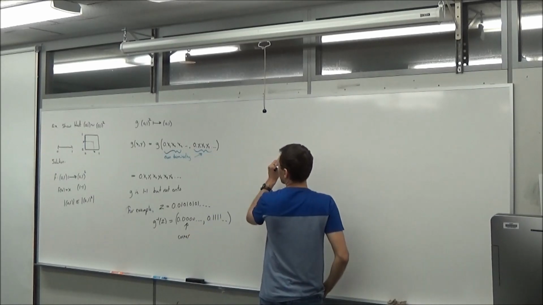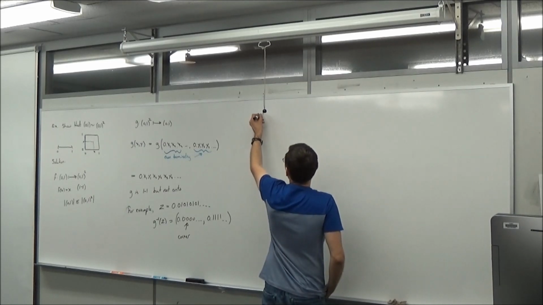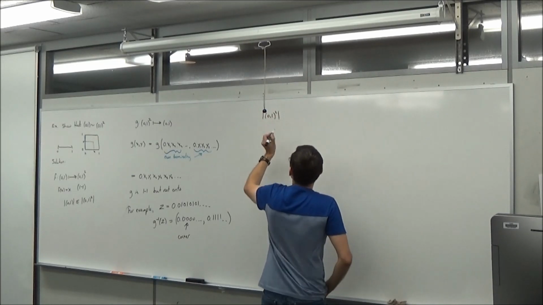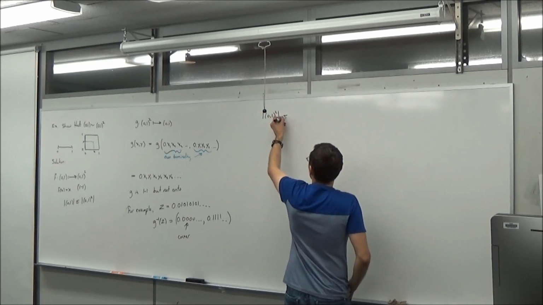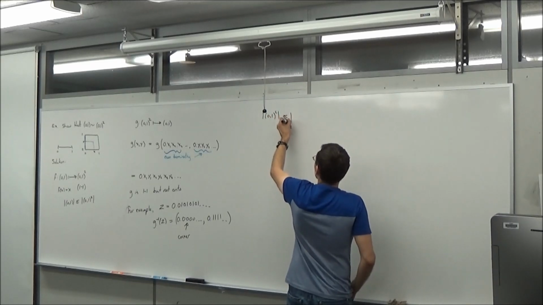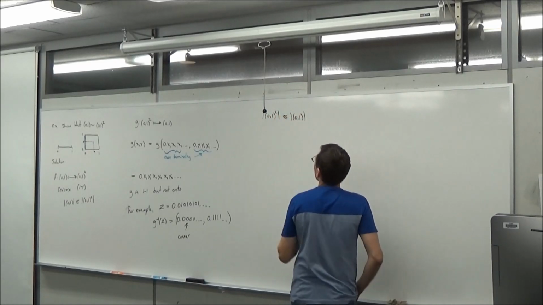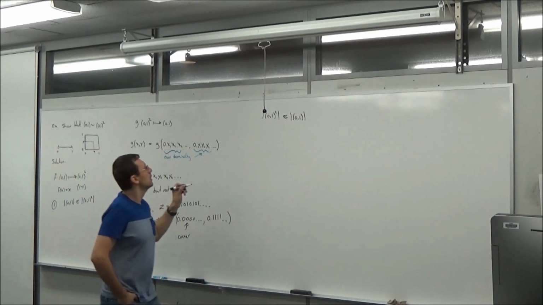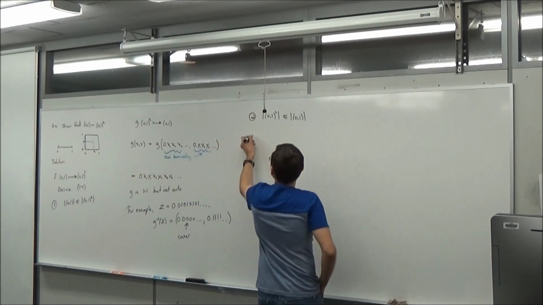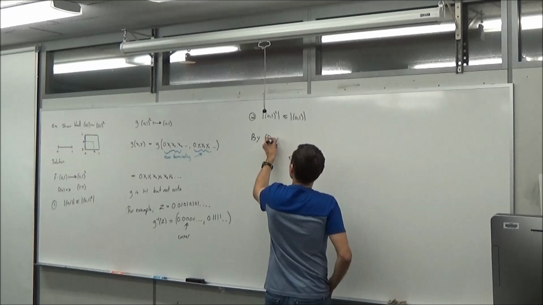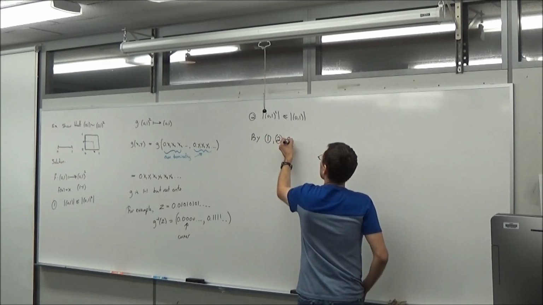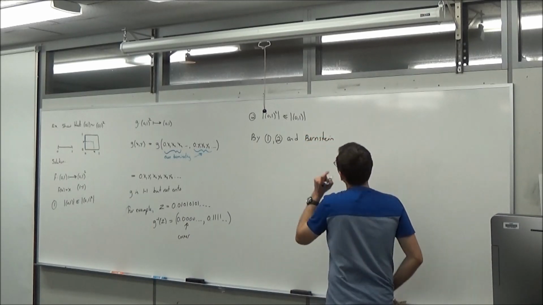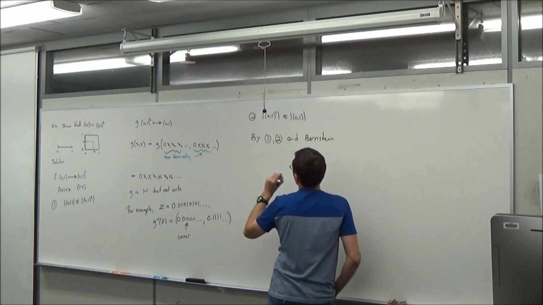So what I'm saying then is that we know that the Cartesian product [0,1] squared is less than or equal to the interval [0,1]. And therefore, by result 1 and 2, and Bernstein, those sets have the same cardinality.